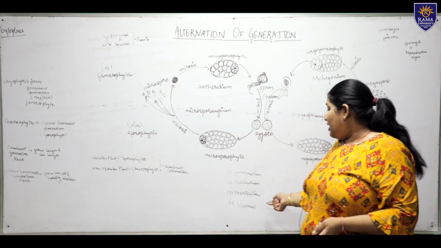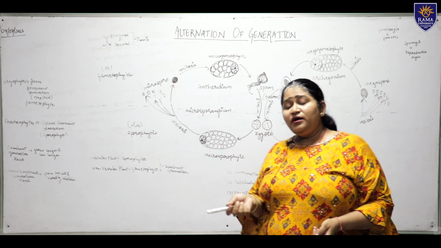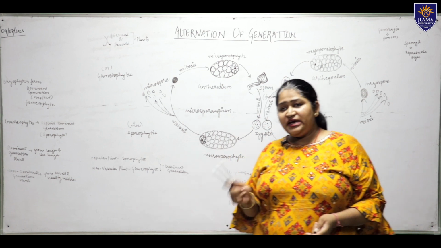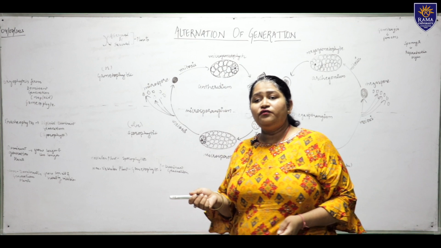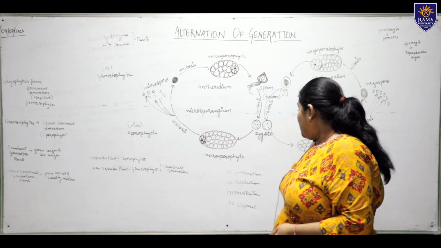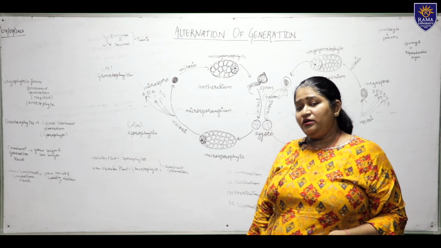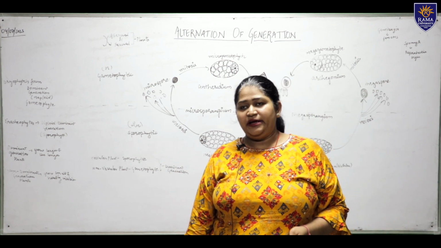After fertilization, the zygote will convert into a seed, and the seed will convert into a fruit. After the seed formation, the dispersal of seeds will take place.